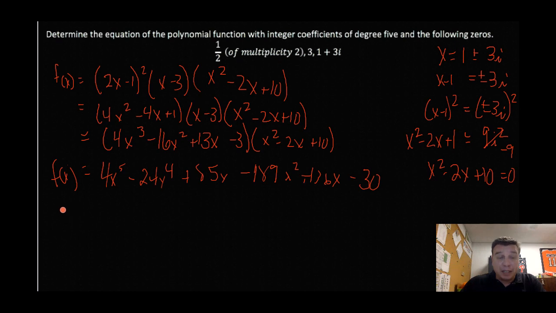So this is the fifth degree polynomial that is created when I have all of these zeros.